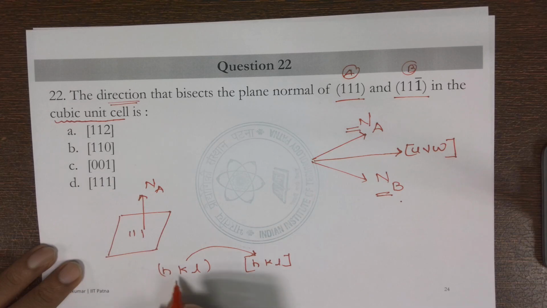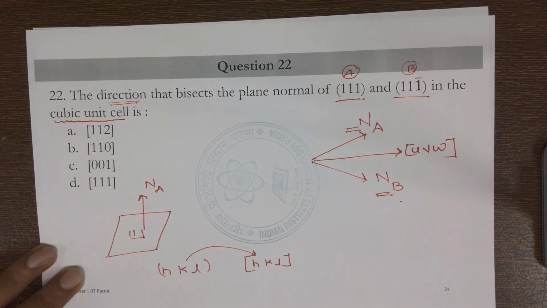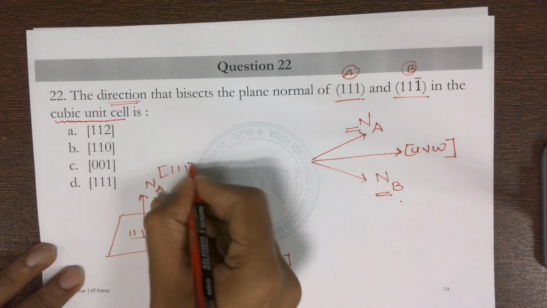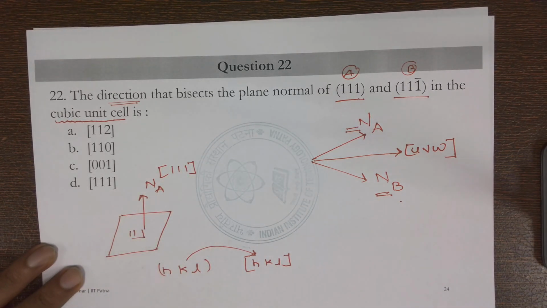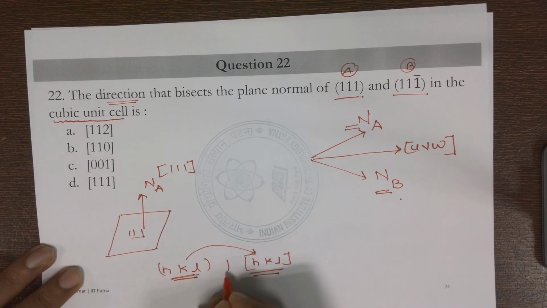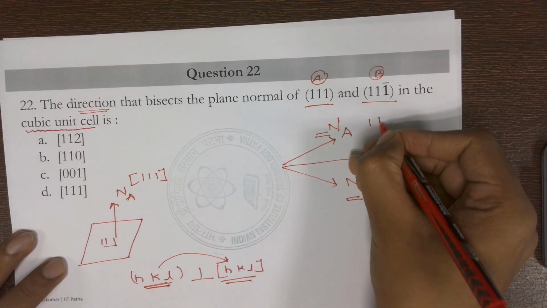So whatever plane is given, the normal will have the same direction. So 1, 1, 1 will have 1, 1, 1. This direction is perpendicular to the HKL plane, so it is nothing but the normal to this plane. So this direction is 1, 1, 1.